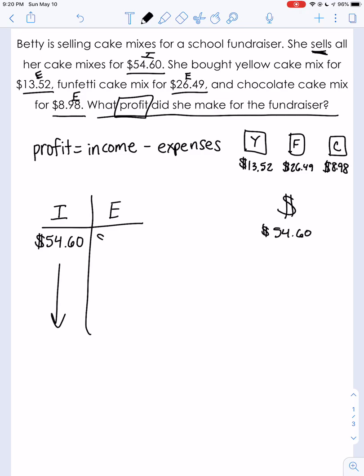For my expenses, I've got $13.52 for yellow, $26.49 for funfetti, and $8.98 for chocolate. All right, again, I'm going to total them and then subtract from there. Don't forget your decimal point.